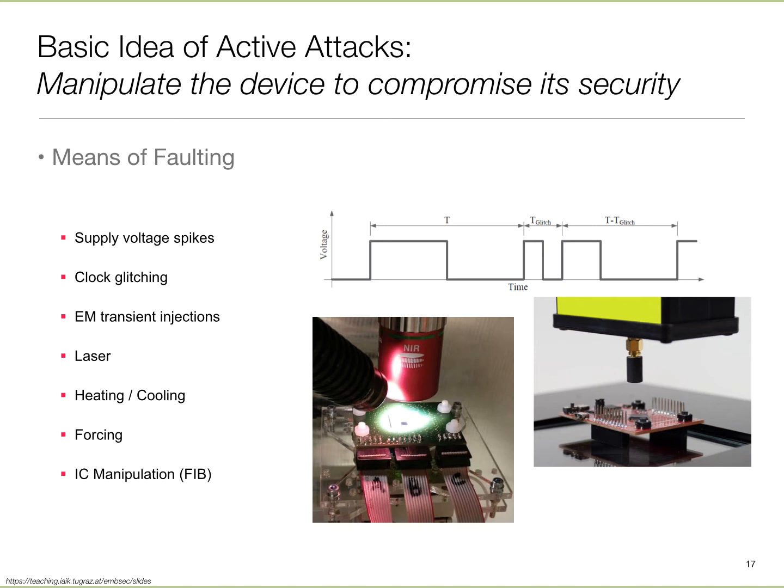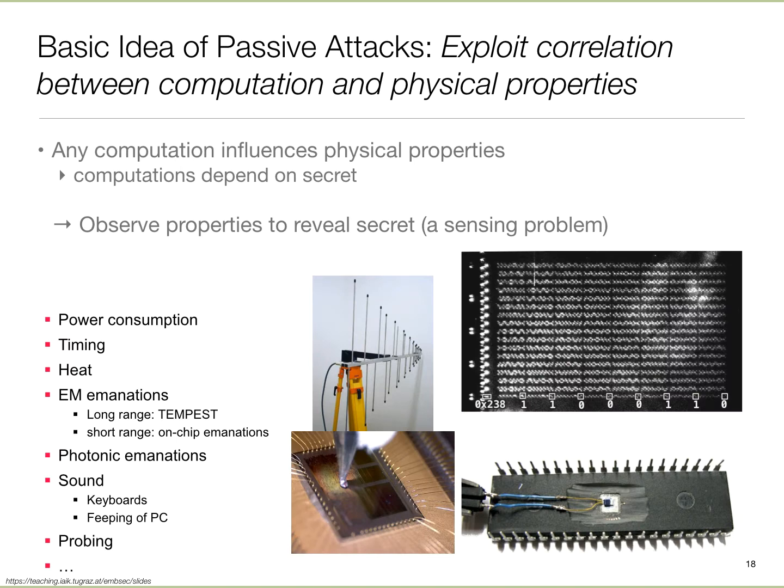Laser: it turns out that if you heat these things with a laser, you can induce behaviors, rapid heating, cooling, and other circuit-level manipulations. So there are a variety of sophisticated ways. Some of them are also used by companies to reverse engineer their competitors' products. So there's a rich industry out there.